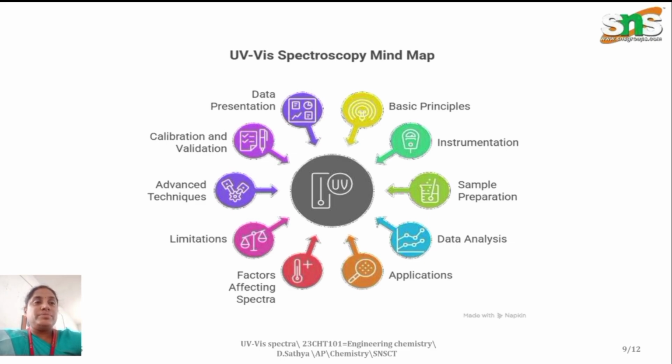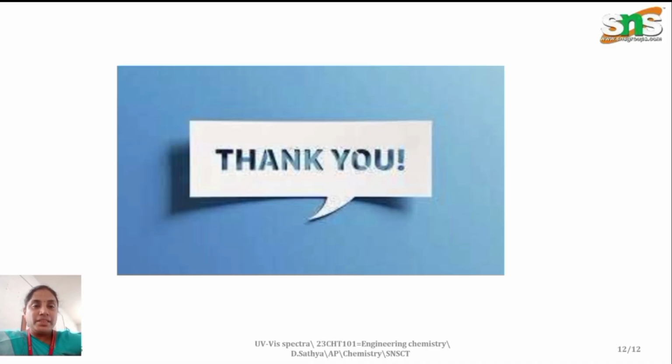This is the basic principle and the instrumentation we discussed. The sample preparation, where the solution should be transparent, and data analysis were discussed. We can use UV visible spectroscopy in various applications, and limitations and advanced techniques were discussed. Thank you.